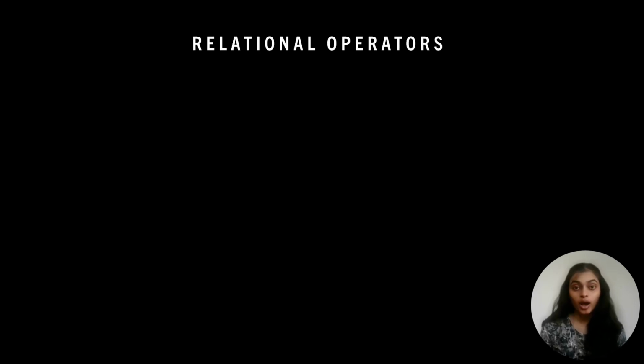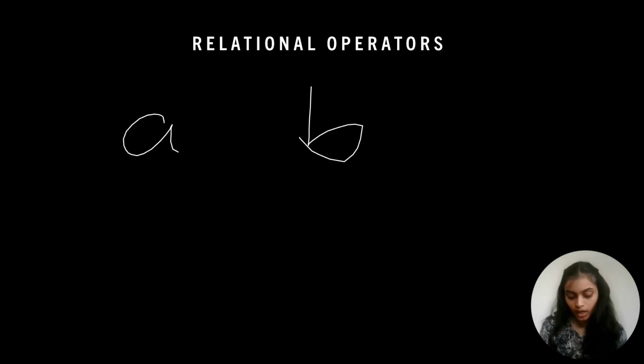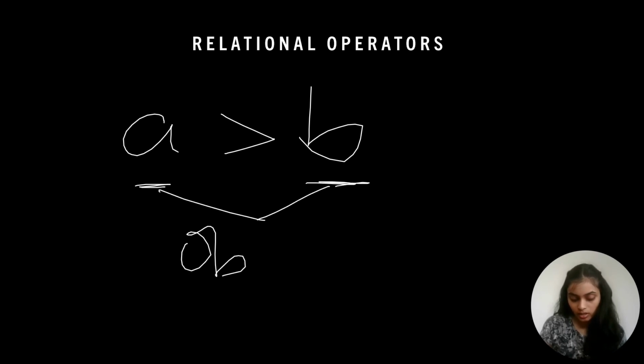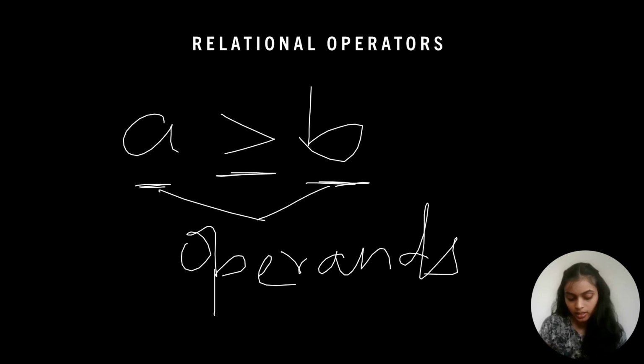Now let us discuss relational operators. There are different types of relational operators we use in order to indicate the relations between operands. For example, I am taking A and B. I am checking for a condition: if A is greater than B. Here, A and B are both operands, and the greater than symbol is the relational operator.